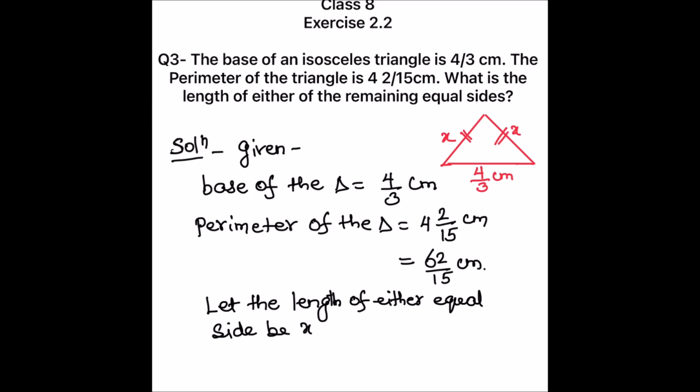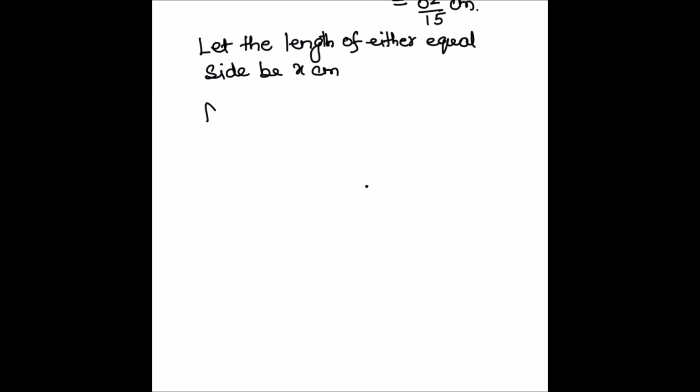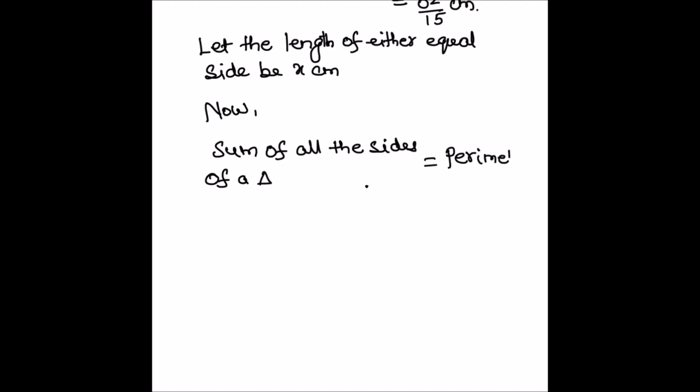Now we know that the sum of all the sides of a triangle is equal to perimeter. So now we can put the values.